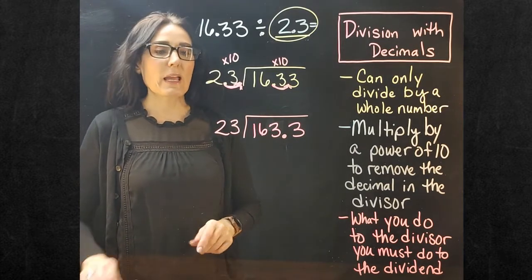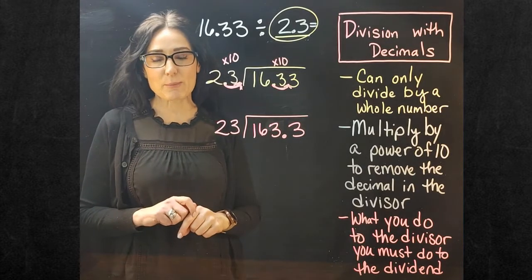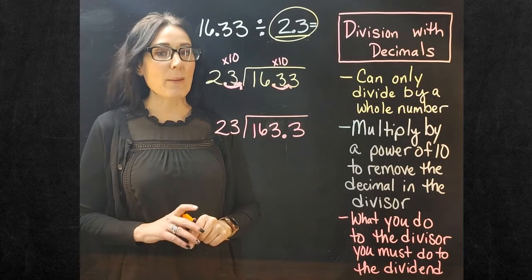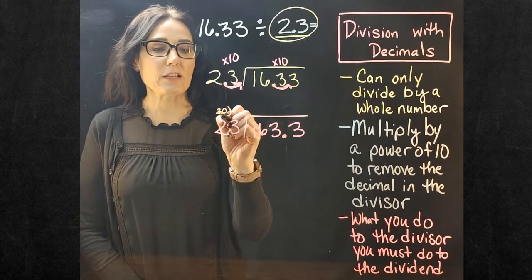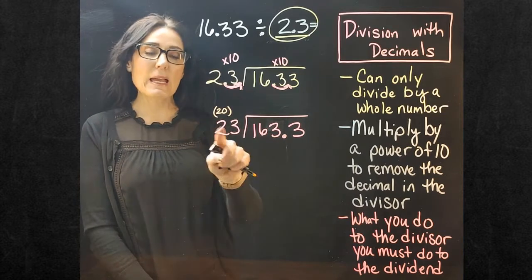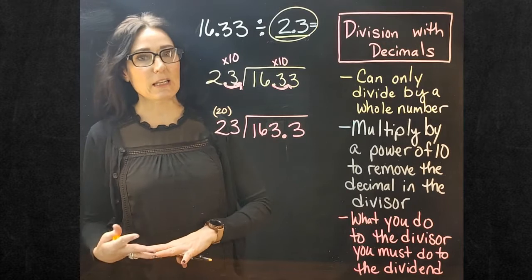All right, so let's see how many times 23 will go into this number. To help me out, I'm going to count by 20s. I'm going to use what we call an estimated method, where I estimate that number, and that'll help me do less guessing and checking as we go.